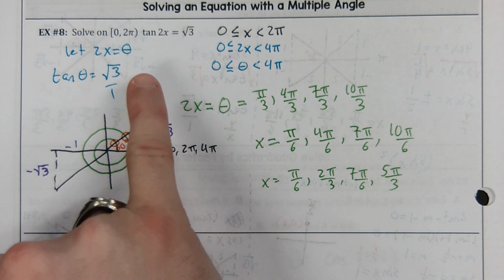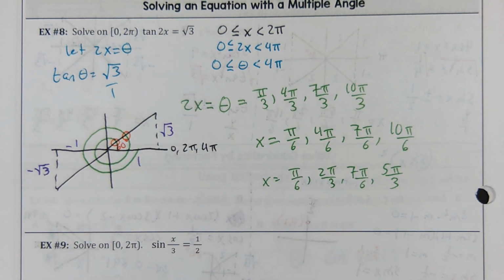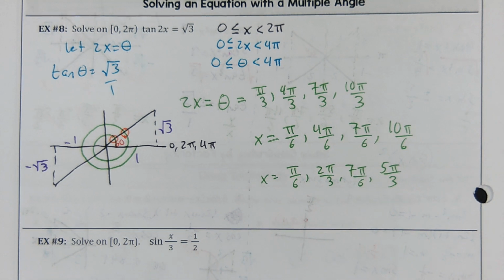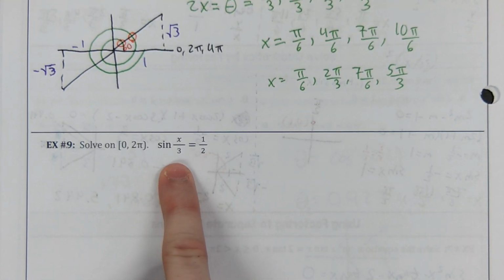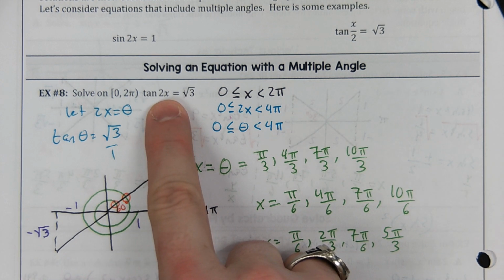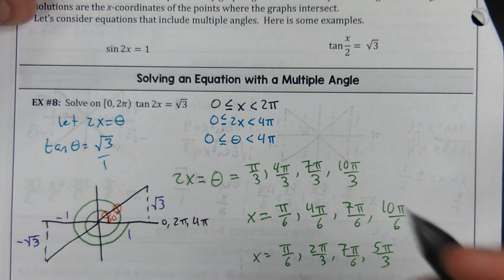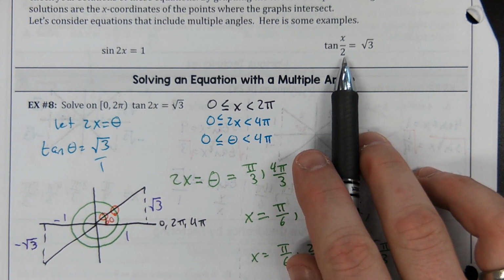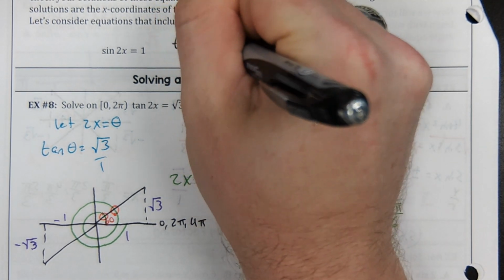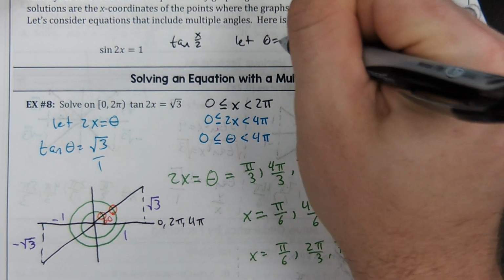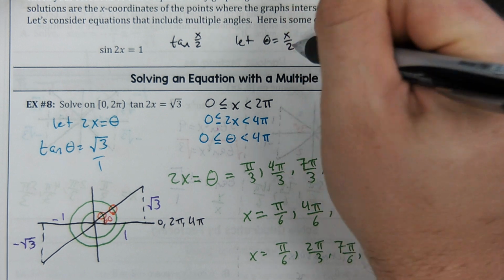If the argument was 1/2 x, okay. That question is basically going to happen here, and we're going to do that tomorrow. But let's just say it had said tangent of x over 2, like you see here. Then I would have said let theta equal x over 2.